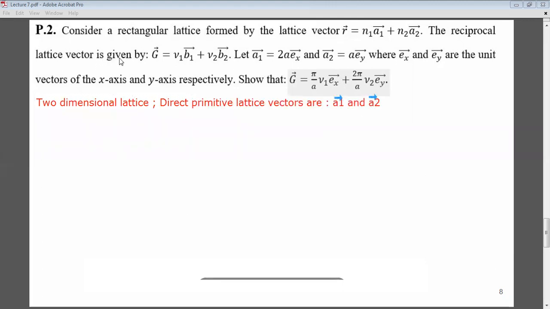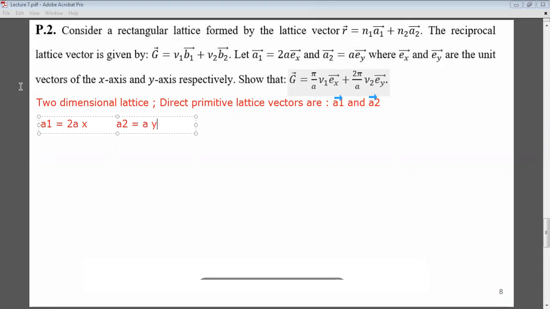The reciprocal lattice vector is given by G equal V1 B1 plus V2 B2. Let A1 be 2A EX. Here by EX we mean the unit vector in the x direction. A2 is given as A in the EY direction.